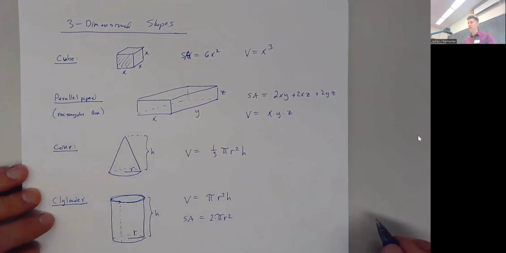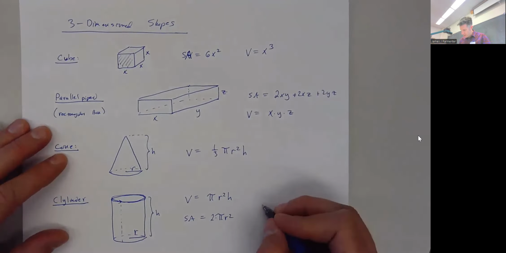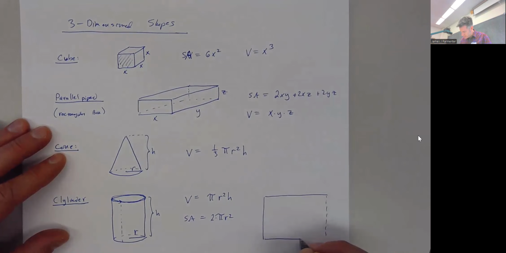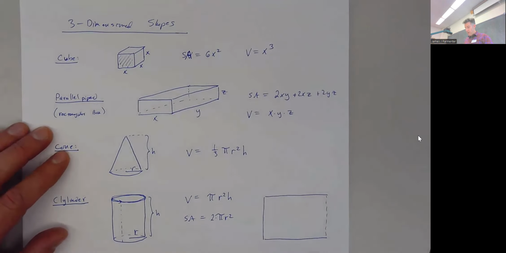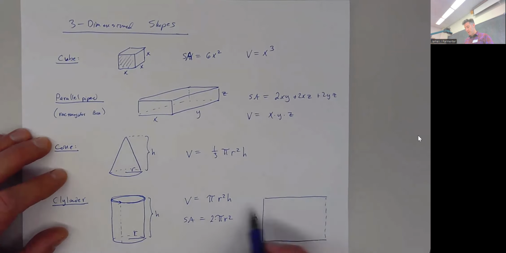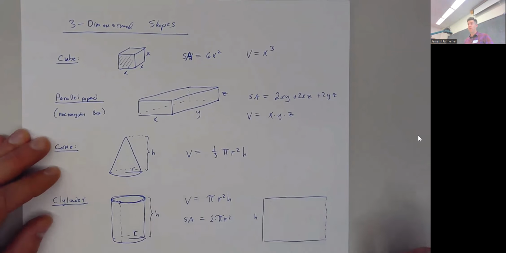And then I unroll it. And when I unroll my paper towel, what kind of shape do I have? A rectangle. So I unroll my paper towel, and now it looks like this rectangle here, where the height of the rectangle is still h, but the length of the rectangle is all the way around, also known as the circumference of the circle.